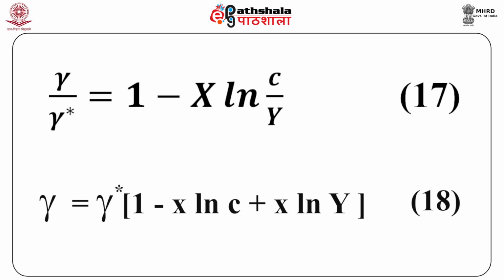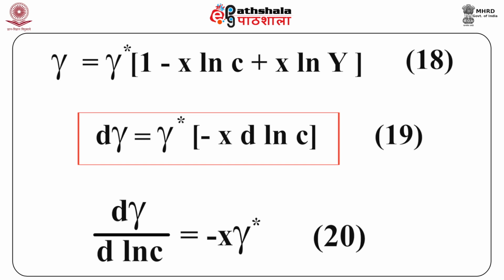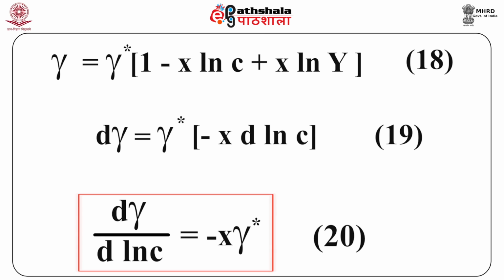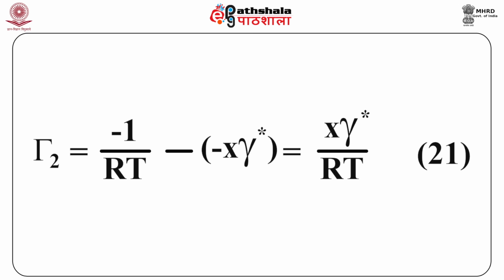Differentiating equation 18, we get d gamma equals gamma star into minus x d ln C, as equation 19, or this can be written as d gamma by d ln C equals minus x gamma star, as equation 20. Using the above equation 16 in equation 20, we get gamma 2 equals minus 1 by RT into minus x gamma star, which can be written as x gamma star by RT. This is our equation 21.